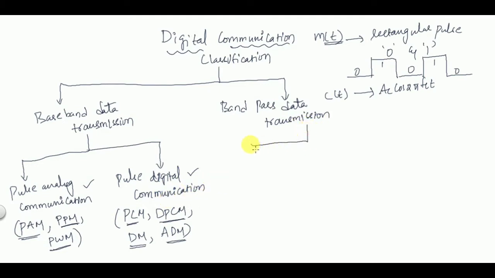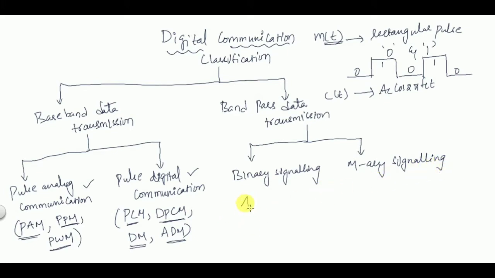Similarly, bandpass data transmission is also classified into two types. One is binary signaling, and second is M-ary signaling.